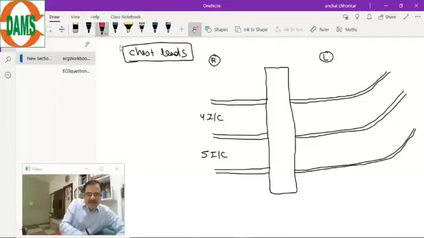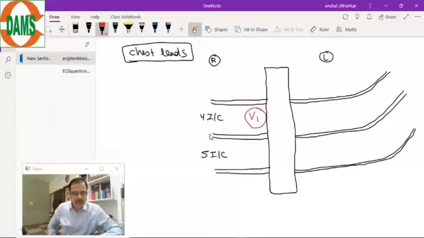The lead V1 is placed in the fourth intercostal space here, fourth intercostal space, while V2 is placed here. V2.